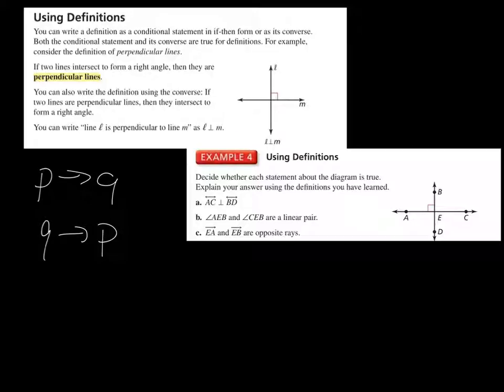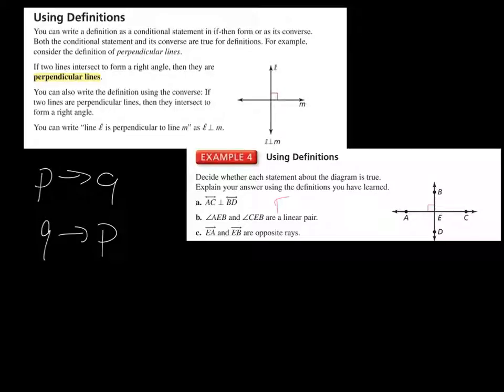Example 4 here. It says decide whether each statement about the diagrams is true. It says AC is perpendicular to BD. So I have AC and BD intersecting to form a right angle, and we can use that perpendicular line statement to say yes, that is true.